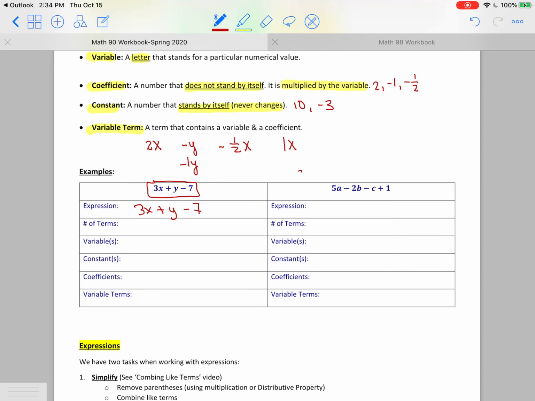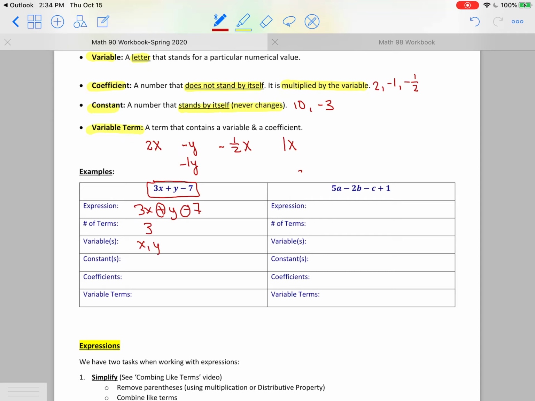How many terms do we have? Well, we have 2 operations. Sometimes I like to look at it that way. We have 2 operations, so it means we have 3 terms because on each side of those operations is a term. 3 terms. Our variables we can see are x's, or 1x I should say, and a y.